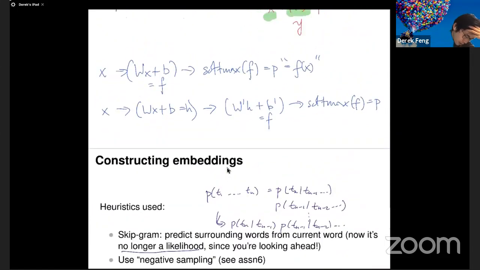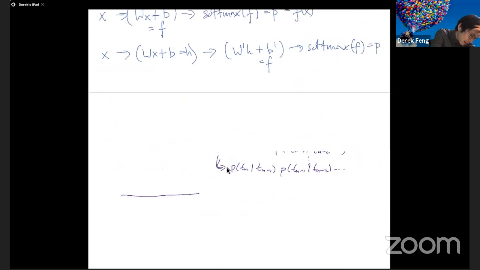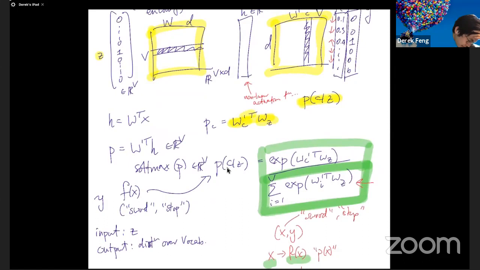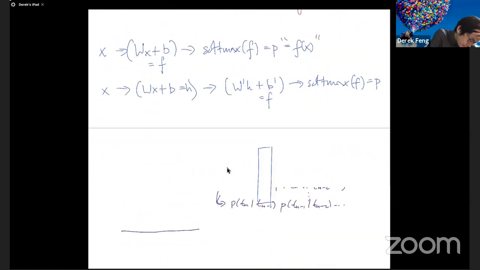Let me give you another example. This is mainly just for intuition, right? So what we have is, what did I call it here? I guess I called it P, although P is not great either.